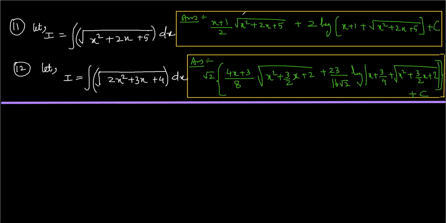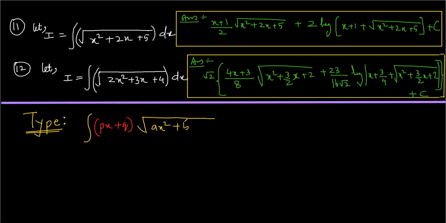So students, now we go for the next type. Recently which type did we do? Root quadratic. So the next type here is linear into root quadratic, that is px plus q, linear, into root of quadratic, px plus q multiplied to root of ax square plus bx plus c dx.